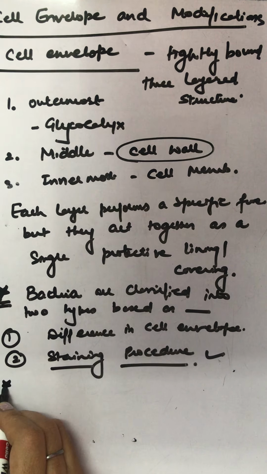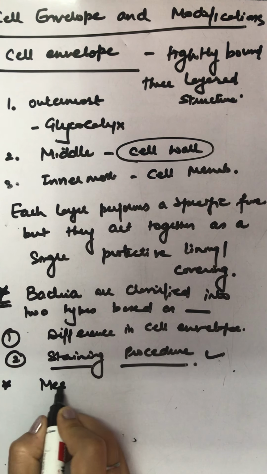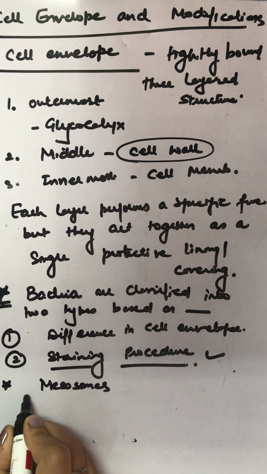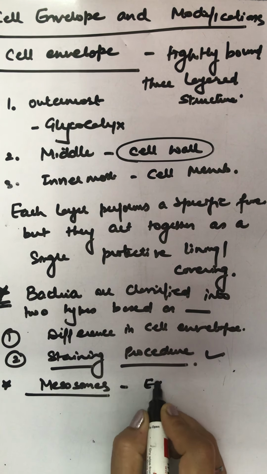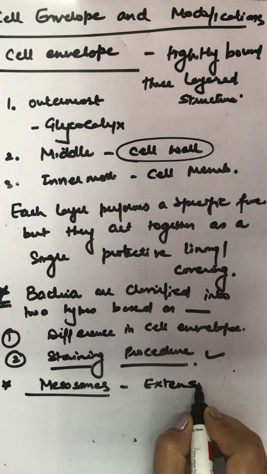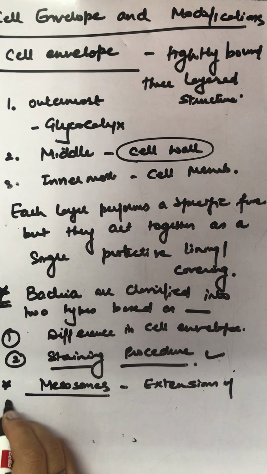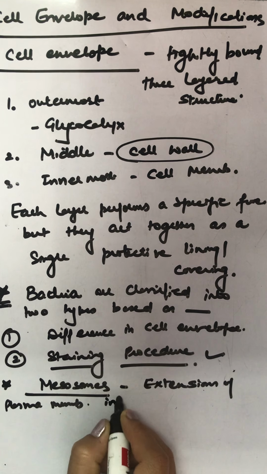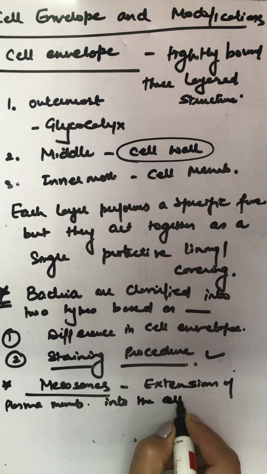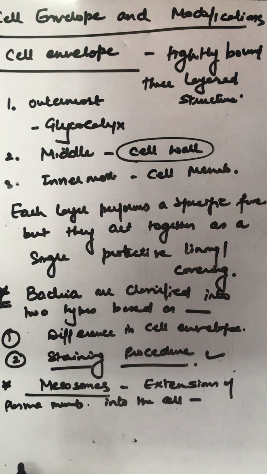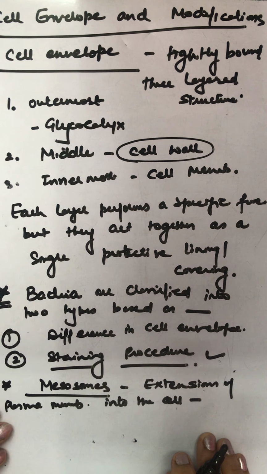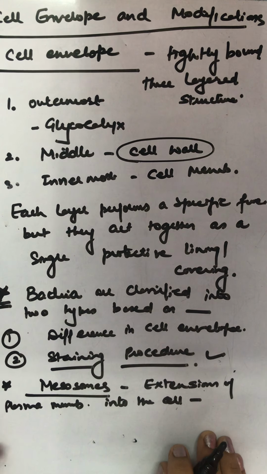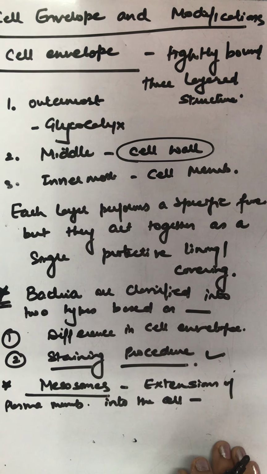Next important point is prokaryotic cells have mesosomes. What are mesosomes? These are the extensions of plasma membrane into the cell. What for? These are basically responsible for division of the cell membrane and transport of material.